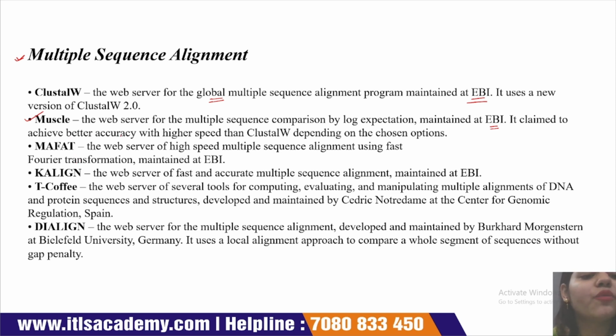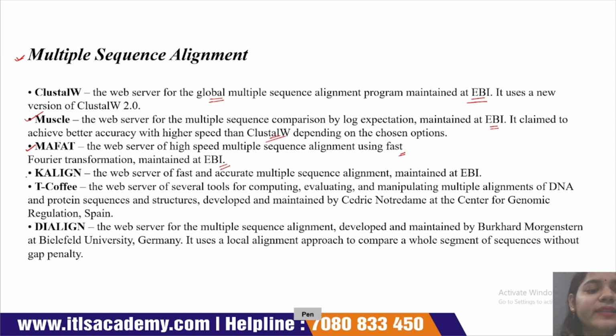It claims to achieve better accuracy with high speed than Clustal Omega depending on the choice of options. Next is MAFFT. MAFFT, the web service of high speed multiple sequence alignment using fast Fourier transformation, and this is maintained by the EBI.